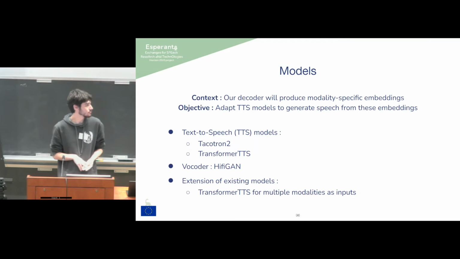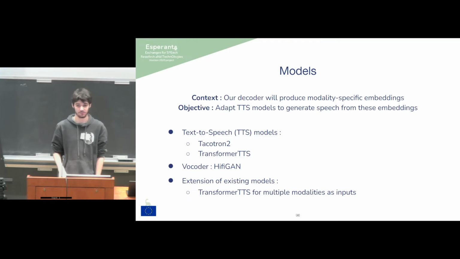The models we used for the text-to-speech models we did adapt: we used Tacotron2, which is a pretty classic TTS model now, and also Transformer TTS, which is pretty close to Tacotron2 but uses transformer encoder and decoder layers. For the vocoder, we used HiFi-GAN, which is a widely used vocoder, which uses generative adversarial networks for generating raw audio from spectrograms.